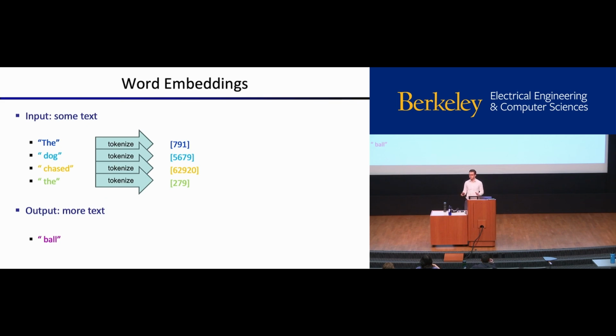Okay, but these are just integers, and what we want are vectors. So we're going to embed these integers: we're going to assign each one of them a vector, and now each one of them has a vector. Okay, so 791 maps to this dark blue vector, and then 5679 maps to the light blue vector. Now we have vectors.